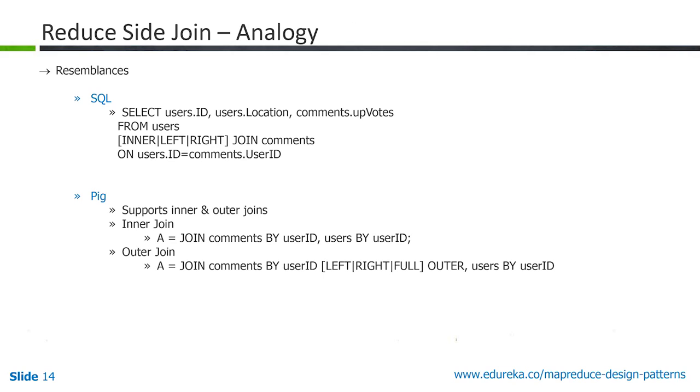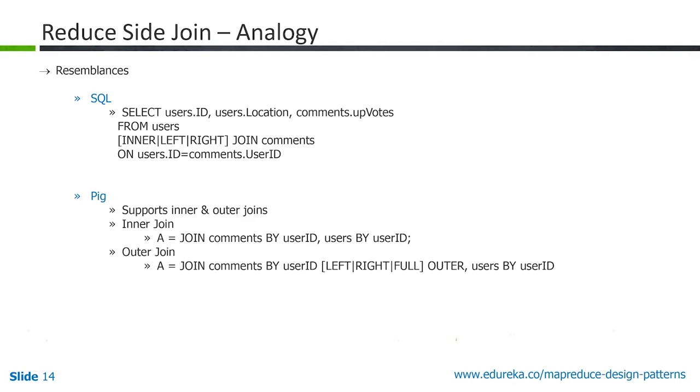In terms of resemblances, you have resemblances in SQL, and you have a resemblance in Pig. In SQL, there's a join statement. So you say select the fields that you want from users, and then you specify what kind of join you're doing, inner, left, right, and then you specify the second table with which you're trying to do the join.